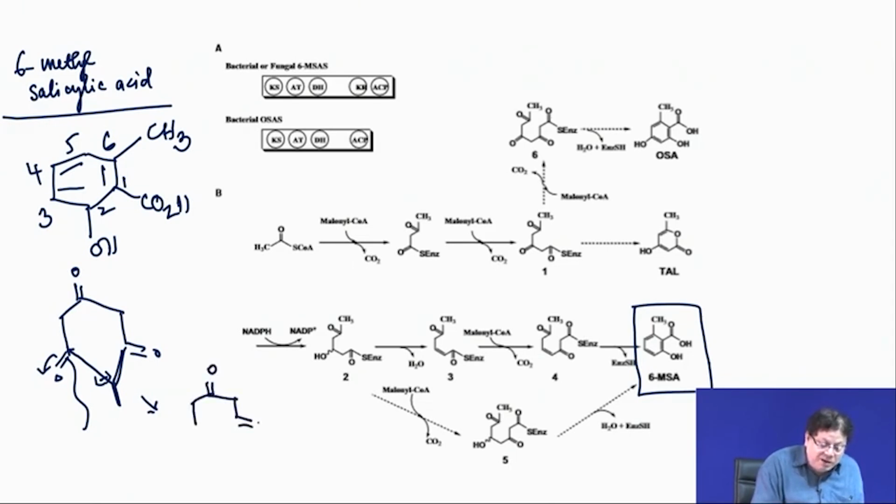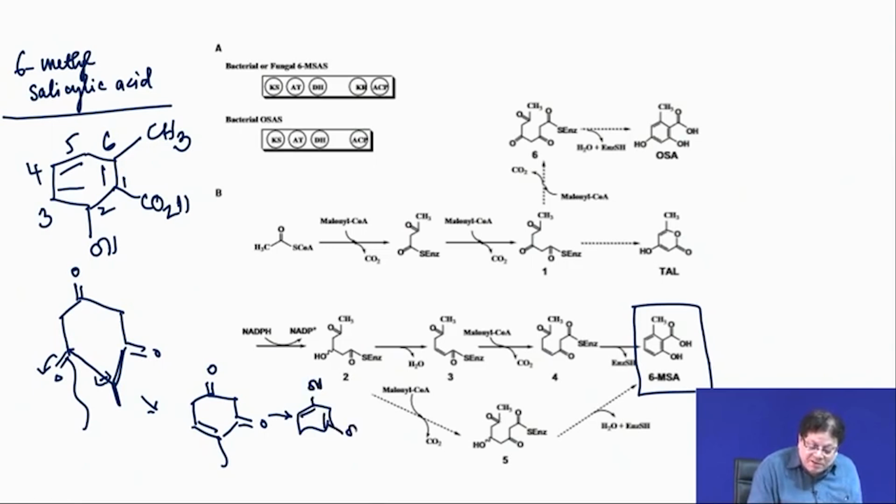A carbonyl here, here, and here is a dehydration, because some reaction has gone here. But this will now immediately tautomerize and form the aromatic ring, because the aromatic system is more stable.